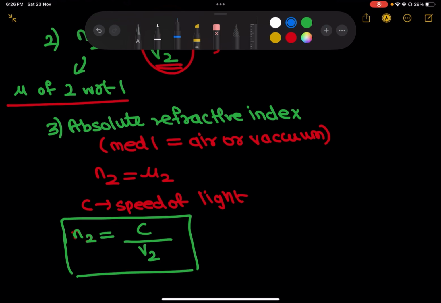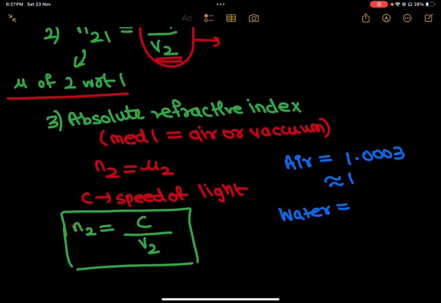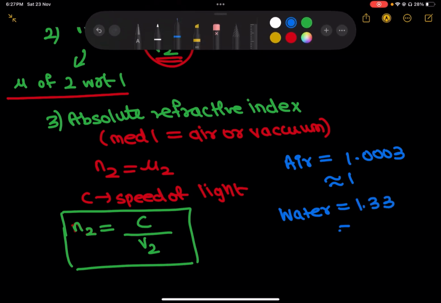For air, the refractive index is 1.0003, which is approximately 1. And for water, the refractive index is 1.33, or it is also equal to 4/3. So remember these two.